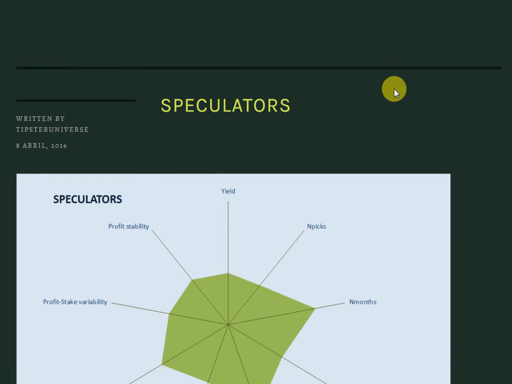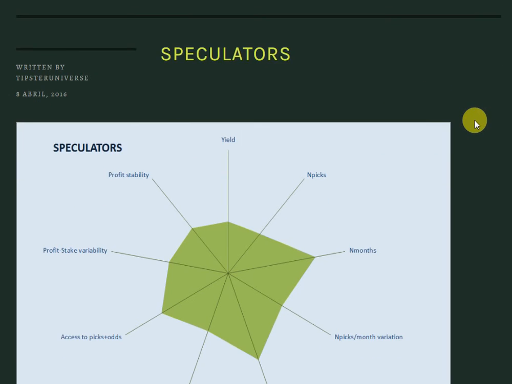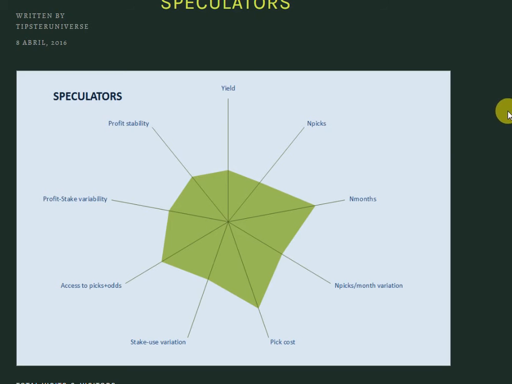So we click here, and automatically a new tab is opened, in which the first thing we see is a radar chart, and this radar chart is giving us interesting information, and also with an easy visualization, to see where the main skills of the tipster are, the weaknesses and strengths.